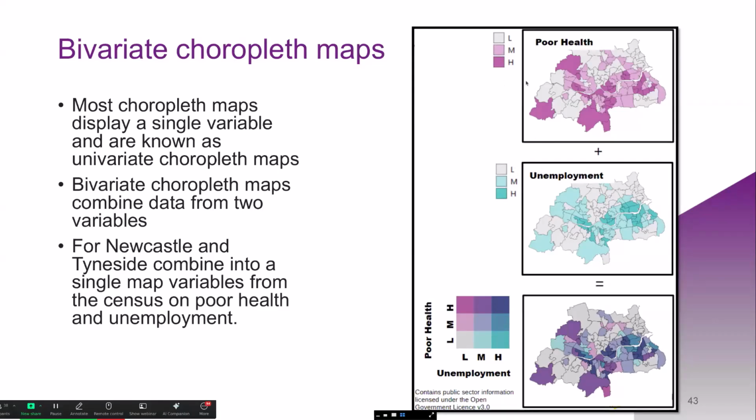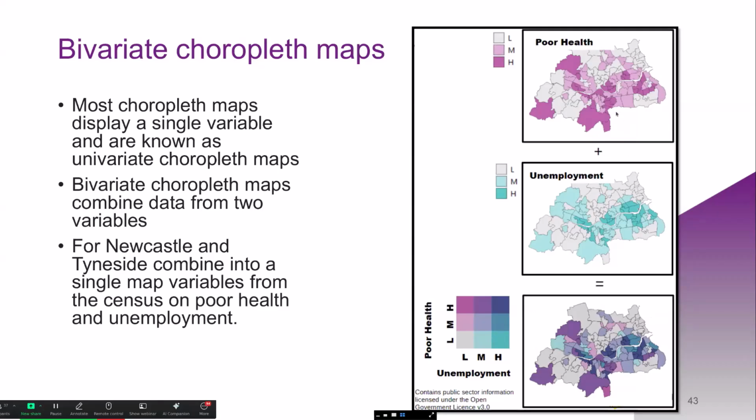Combinations of light grey and light grey just produce grey. And a combination of a middle pink and middle cyan produces this sort of lighter blue. So you end up with this legend with 9 values arranged in a grid. And on the corresponding map, instead of shades of pink and cyan, you end up with pink, cyan, blue, and grey.